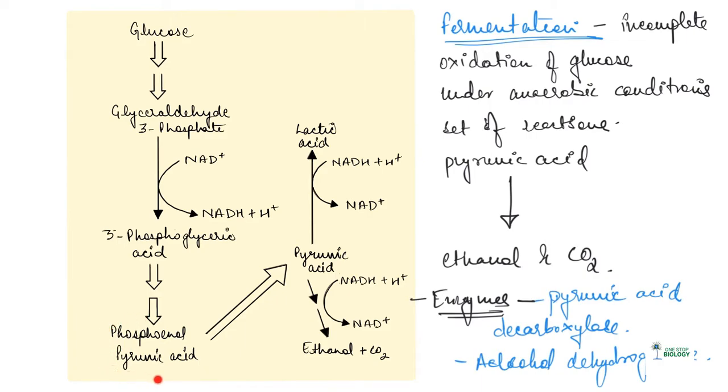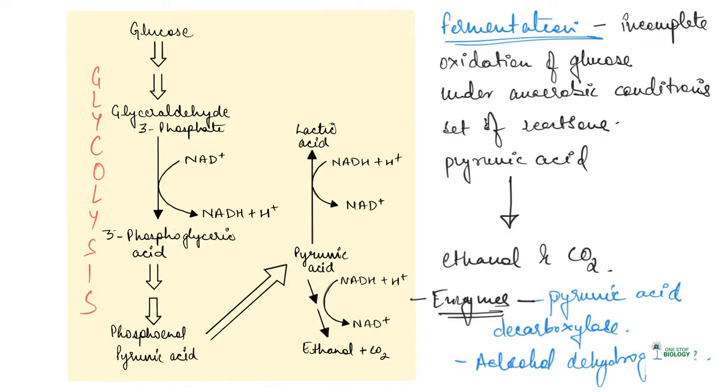So the final product that we get is the pyruvic acid. Now, what is this process? I hope you understood the entire structure. So basically this is glycolysis. This is glycolysis.